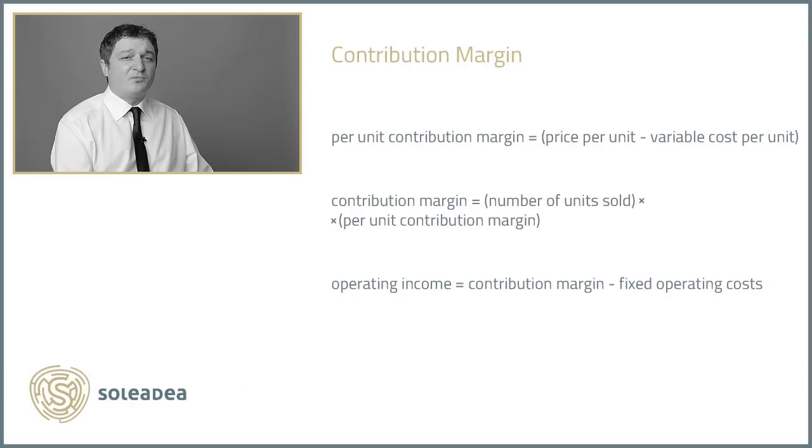The difference between the price per unit and the variable cost per unit is called the per unit contribution margin. If the per unit contribution margin is multiplied by the number of units sold, we get contribution margin. So, the operating income is equal to contribution margin minus fixed operating costs.